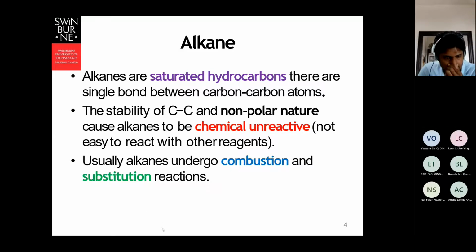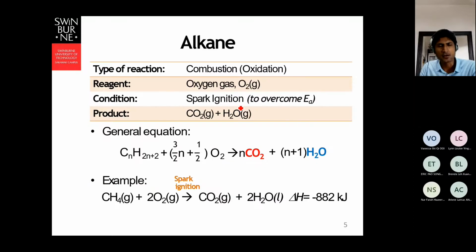One of the reactions is the combustion reaction, and this is the reaction that we always see when there is fire, whether our gas stove is doing it, or an internal combustion engine, or a gas lighter.